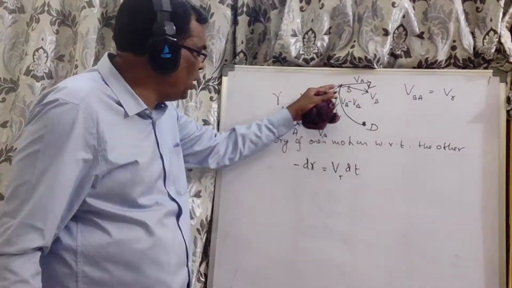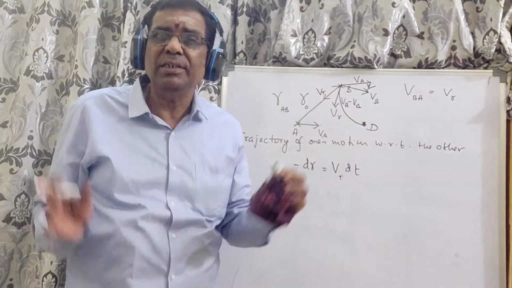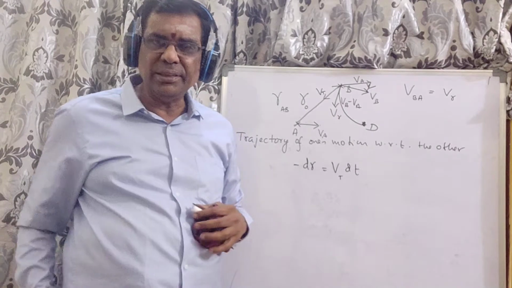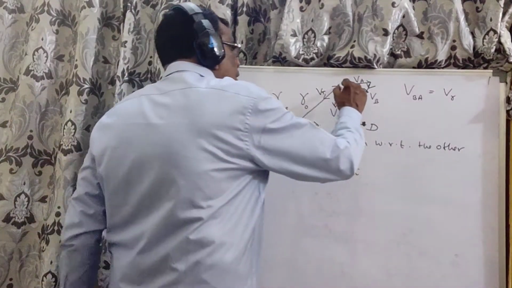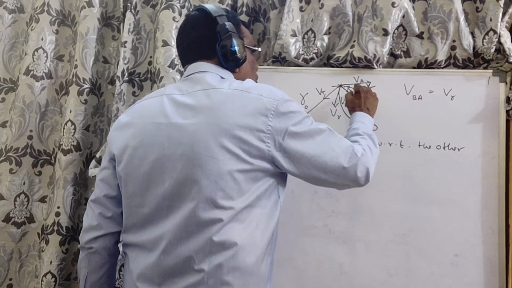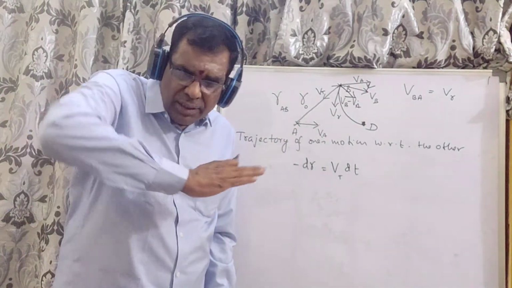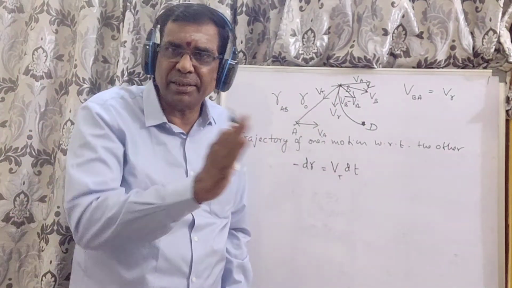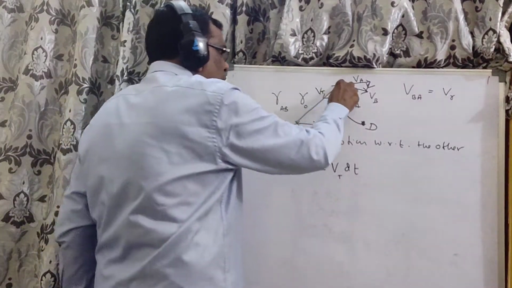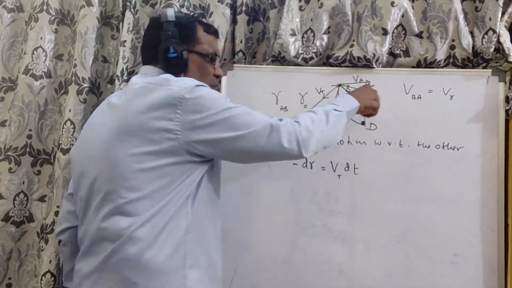So the component along the position vector reduces the distance, and the component perpendicular to the radius, that position vector, turns the body path. That could be either like this or like this, whichever way.